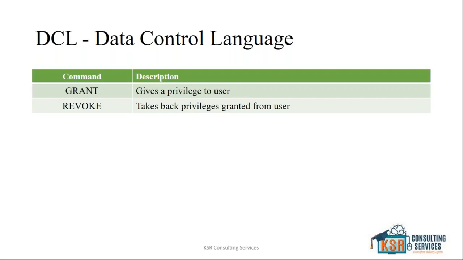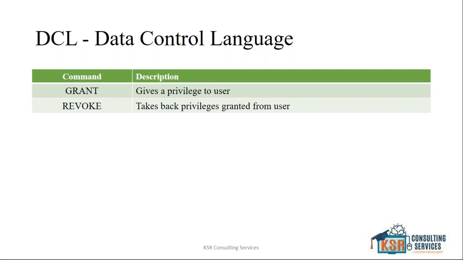I'll give some instructions: this is sensitive information, you are finding all the details from KSR, please don't misuse it. I will take all the terms and conditions from you, and I will give access to you. Grant means granting the access to see the table. I'm giving some privilege to you. You can access the table.